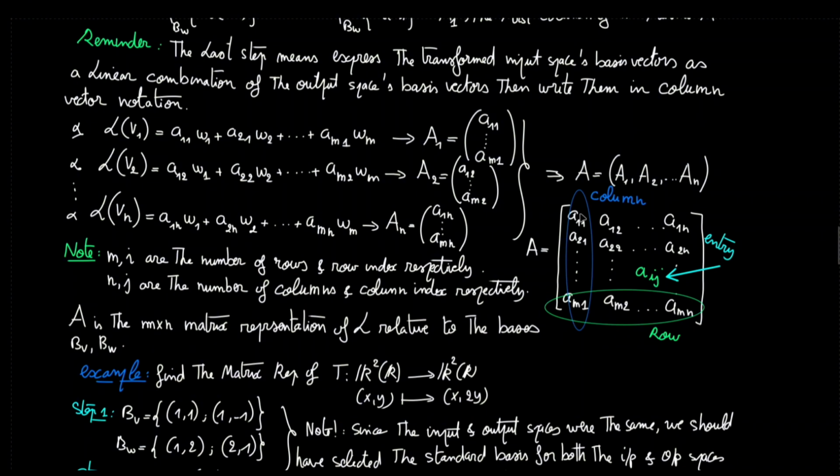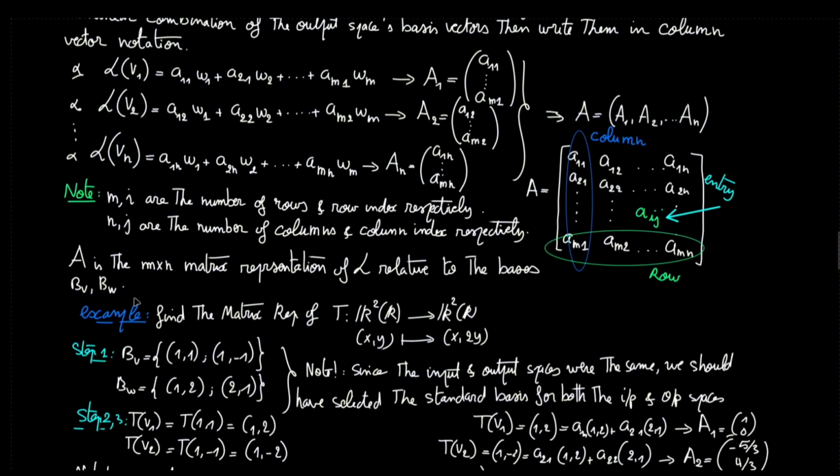So this is called a column, this is called a row, and each number here is called an entry. For example, this green number here is the entry in the ith row and the jth column, where m is the number of rows, i is the row index, n is the number of columns, and j is the column index.